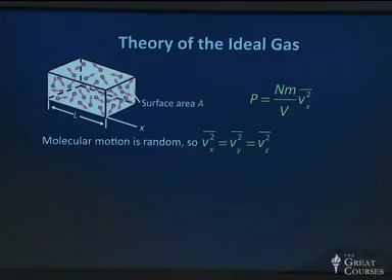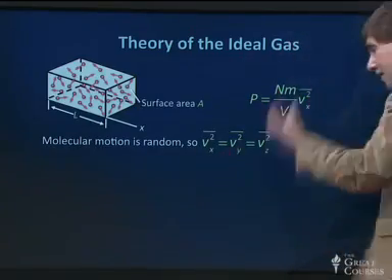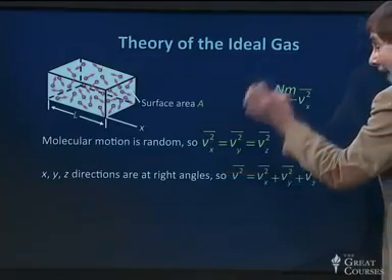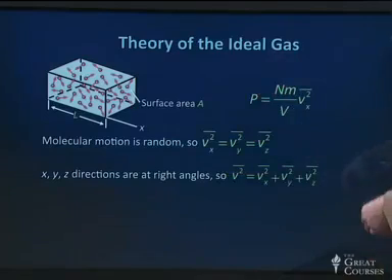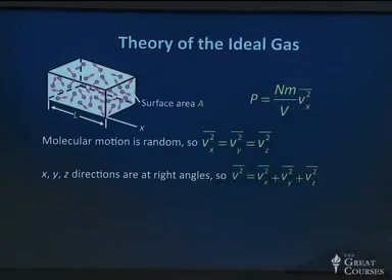The molecular motion is random. So the averages of the x velocity squared and the y velocity squared and the z velocity squared have to be the same. Otherwise, we wouldn't have that random assumption satisfied. And if the x, y and z directions are all at right angles, which they are, then these velocities add by the Pythagorean theorem. So the average square of the entire velocity, the speed squared, is vx squared plus vy squared plus vz squared average.